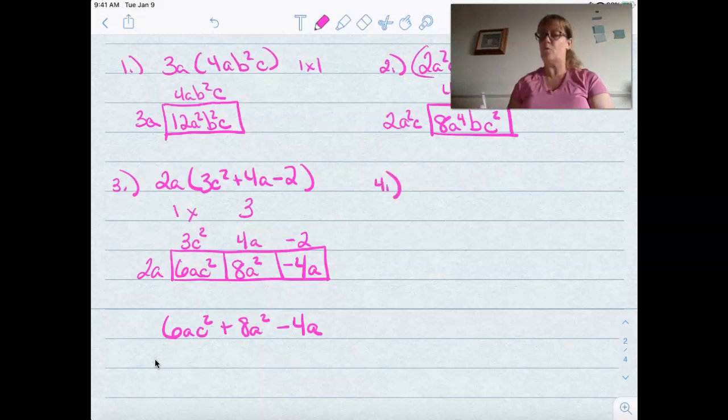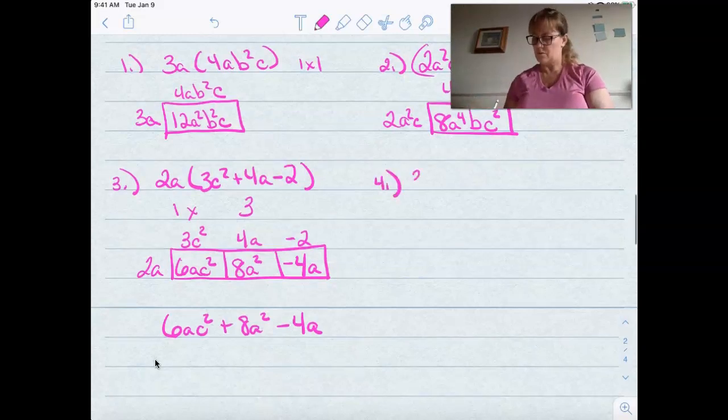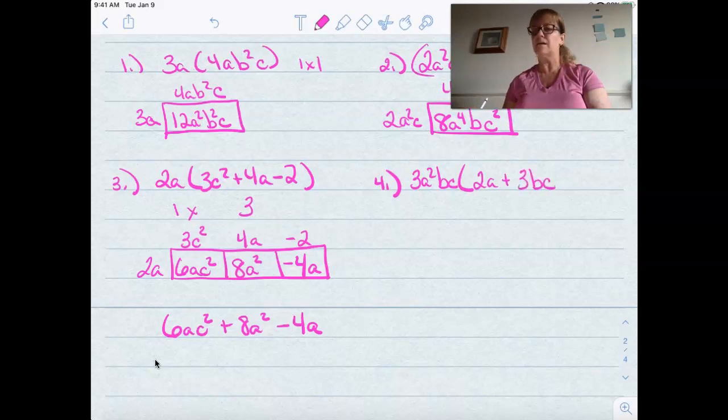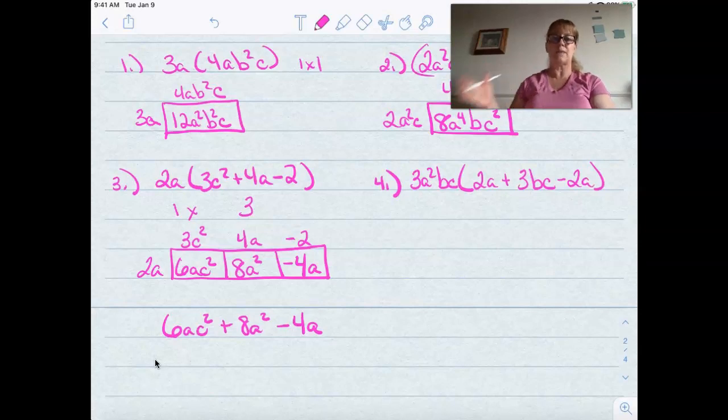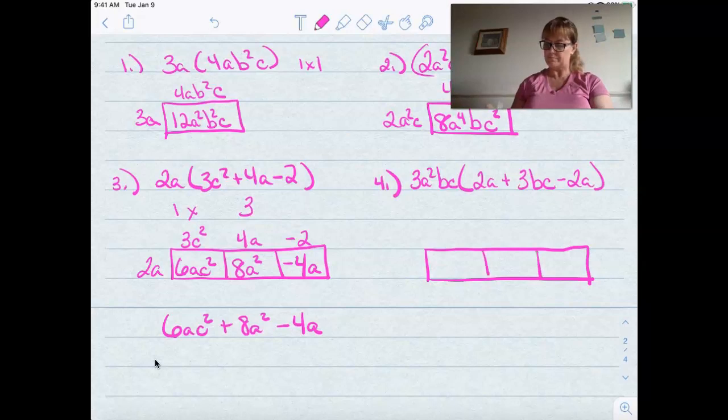Okay, number 4. 3a squared bc times 2a plus 3bc minus 2a. Again, a monomial times a trinomial. So you're going to have a 1 by 3 rectangle, 1 line by 3 squares.